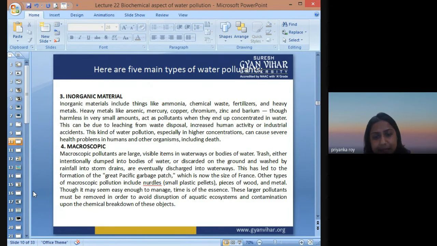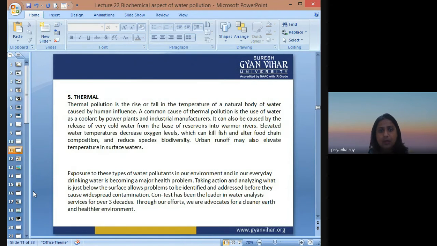Though it may seem easy enough to manage, time is of the essence, and these large pollutants must be removed in order to avoid disruption of aquatic systems and contamination upon the chemical breakdown of these objects. Then at last we have thermal pollution in water.